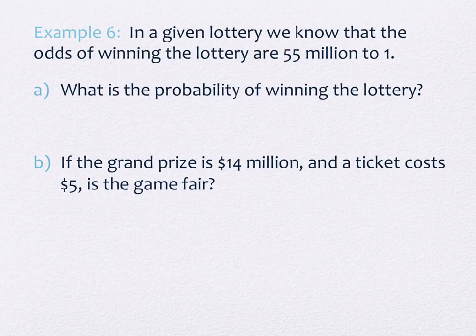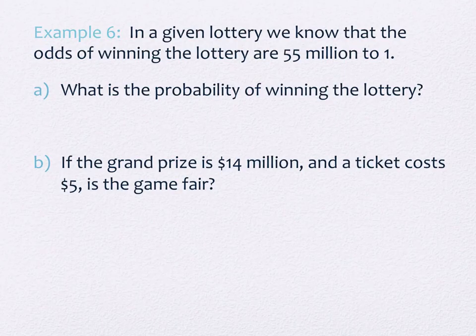Probability means the likelihood that something happens compared to any possible outcome. That's what we're looking for in part A. Odds is when we're comparing the likelihood that something does happen to the likelihood that it doesn't happen. So we're counting part to part. That's what odds are, whereas probability counts part to whole.